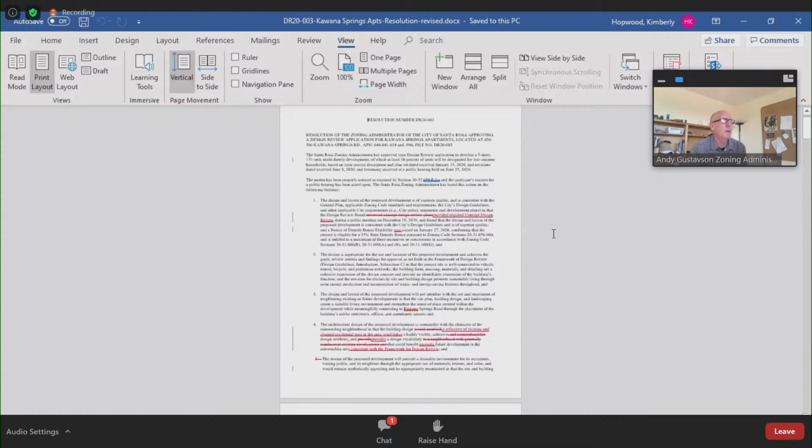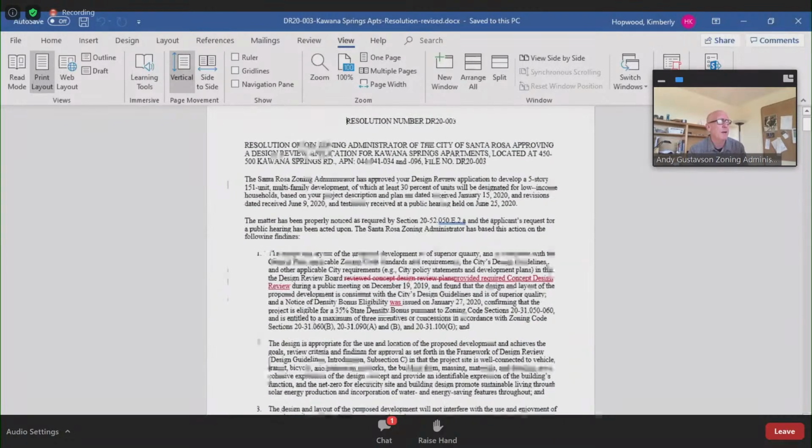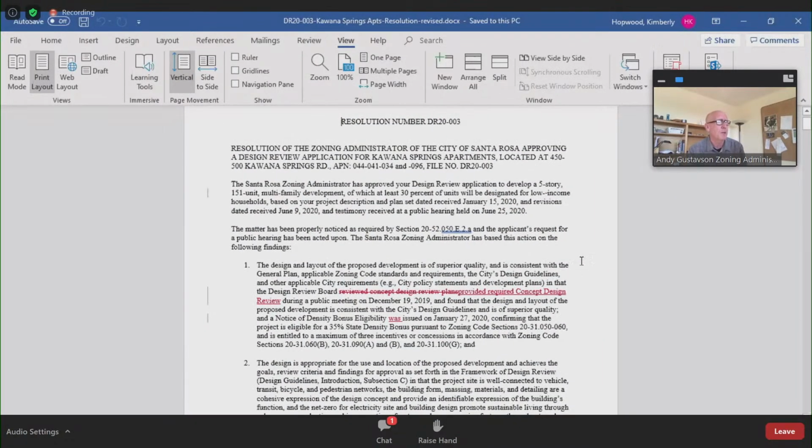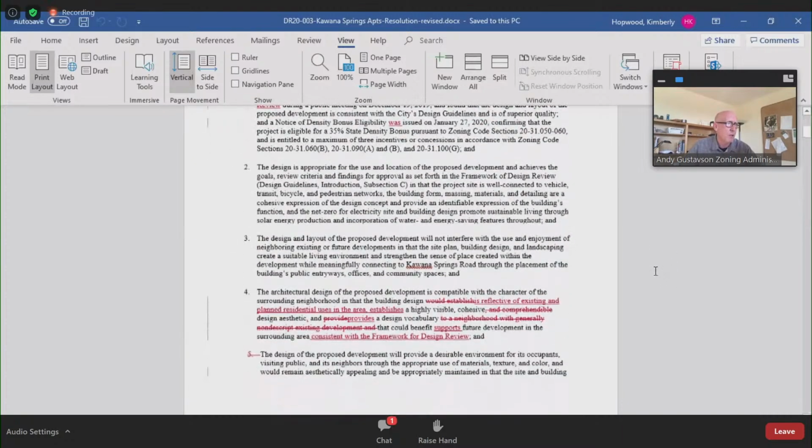There are some clarifications here in the resolution that state that this project was subject to concept design review. The feedback that came out of that resulted in some modifications that were described here. If you could scroll down to condition 4.